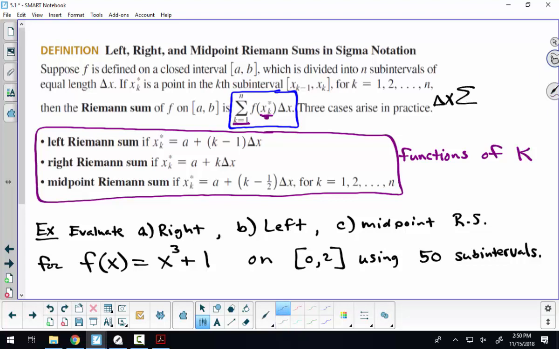So another way we can look at this that might be helpful for computations, at least for now, is the following. I'm just going to factor that constant, which is delta x, out, and then whatever is resulting from this x star sub k, you have to sum that.